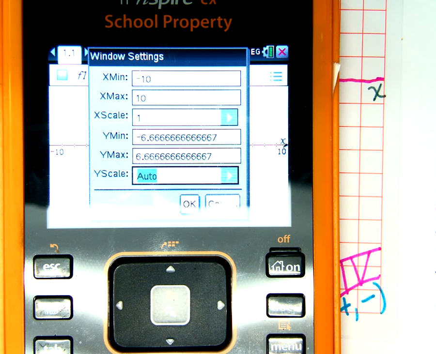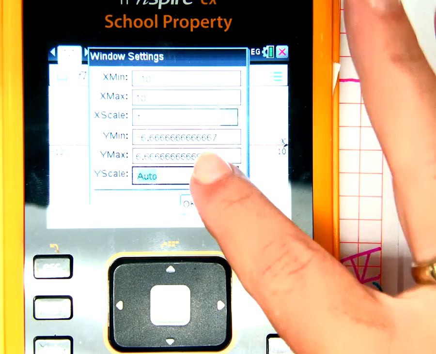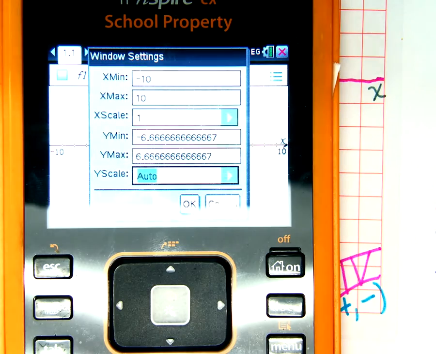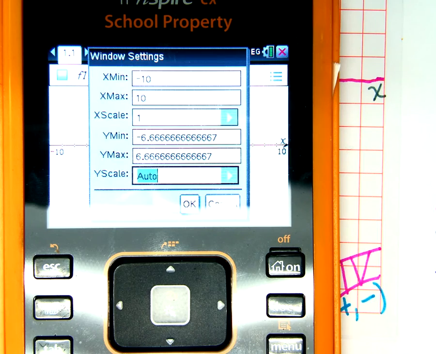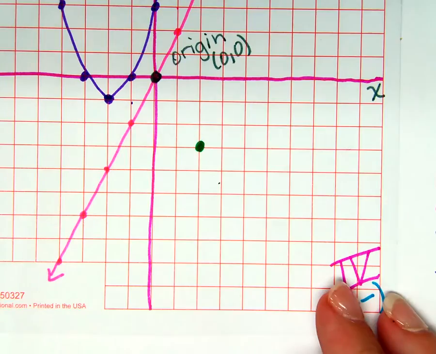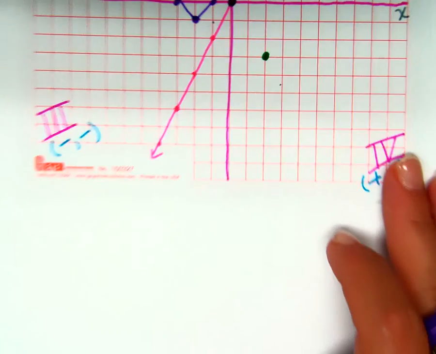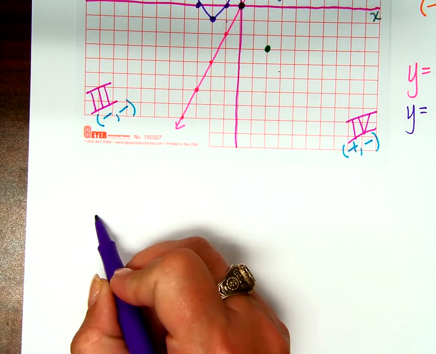The computer uses the TI-84 as an example. But guess what's the same? It just looks different. But all the things mean the same thing. Okay? And a lot of times when they're doing it on the computer, they'll say that the window looks like this.